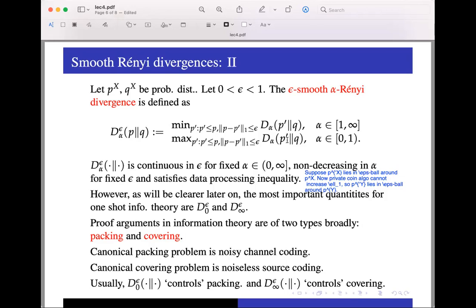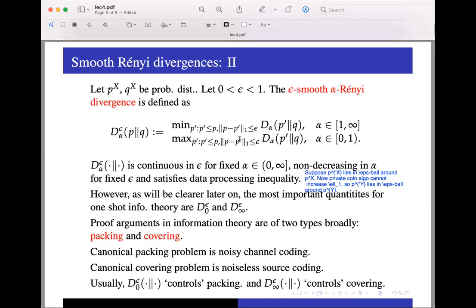Now, what I want to do is perturb P to P prime. This will only be useful if after perturbing P to P prime, d0 of P prime with respect to Q becomes strictly positive. So in other words, at least for d0, the natural thing to do is the maximization. And how will I do the maximization?